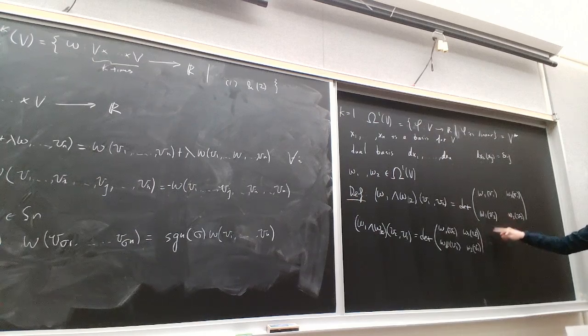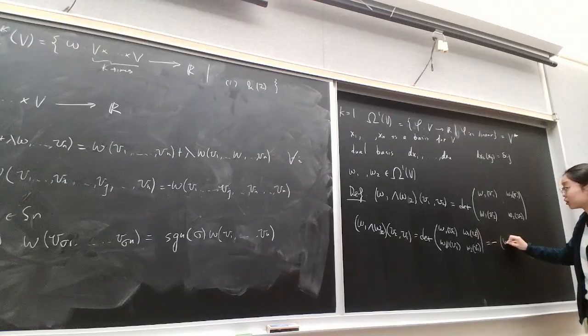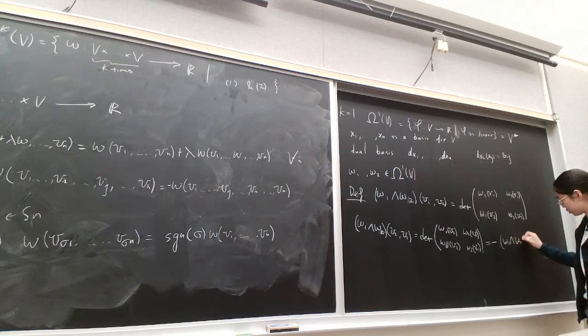The only difference between this and this is that we swapped the first and second row. When you swap the first 2 rows of a matrix and take the determinant, it gives you the negative of that. It's a property of the determinant. So that's equal to negative omega 1 wedge omega 2 applied to V1 V2.